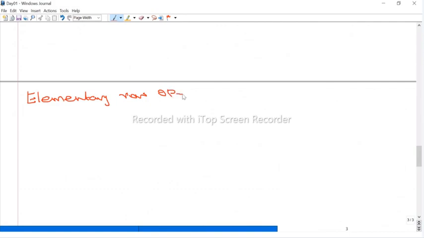In a matrix, we perform operations, and those are elementary operations. What are the elementary row operations? So the first kind is we have to multiply a non-zero constant throughout a row.